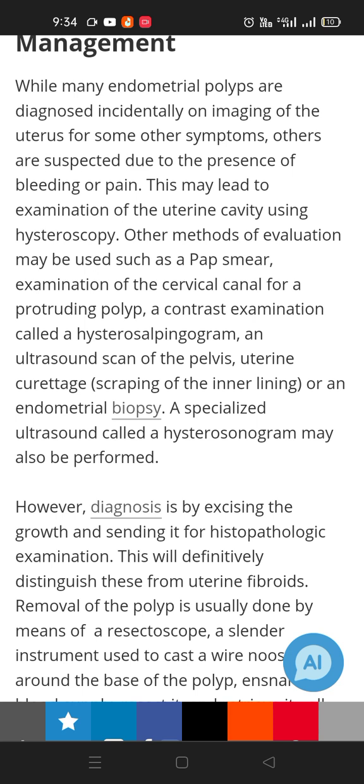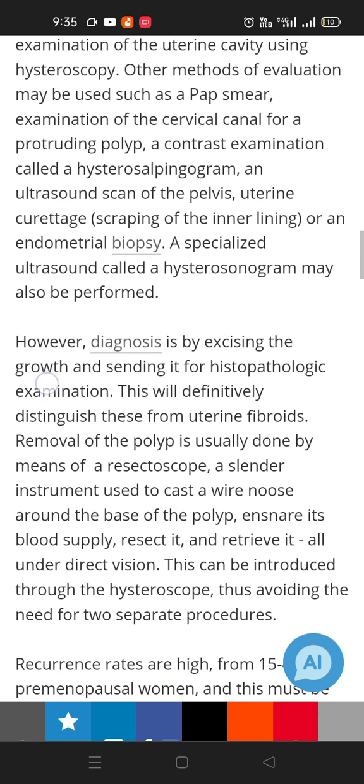They can be seen on the transvaginal scan, and also if we do hysteroscopy. Also, if we go for a biopsy, then definitely this can be outlined. The exact diagnosis that it is a polyp is made by histopathological diagnosis.